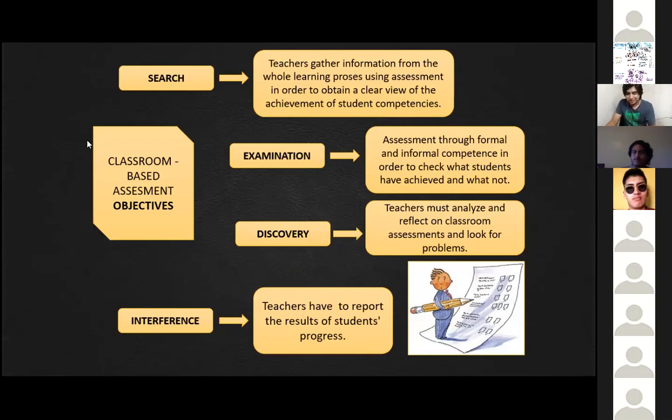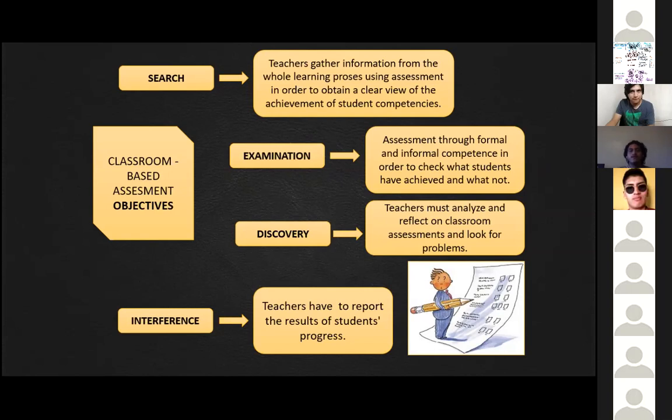Good afternoon, class. Classroom-based assessment objectives. Here we have 4 main objectives for classroom-based assessment. The first is to explore the learning process of students in order to know if the study program is working or not.